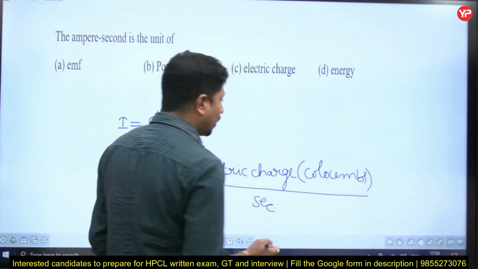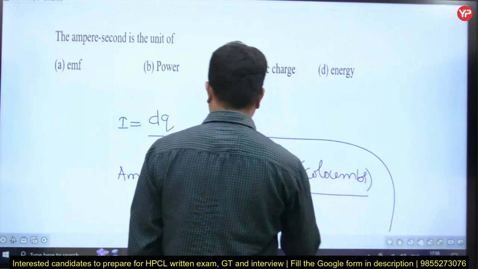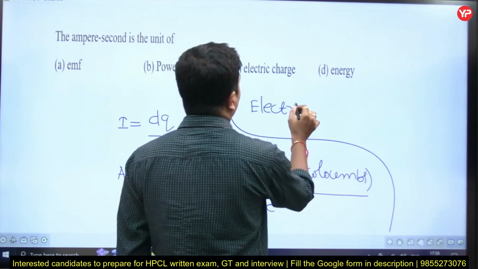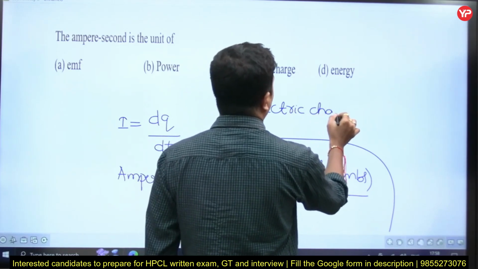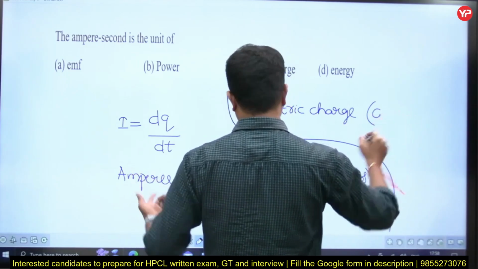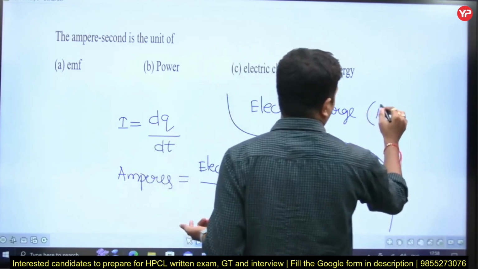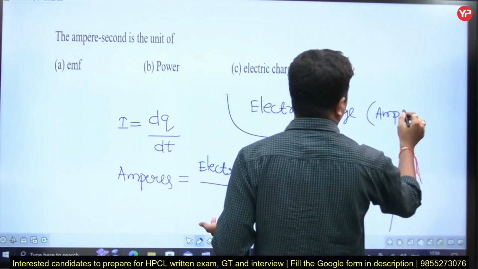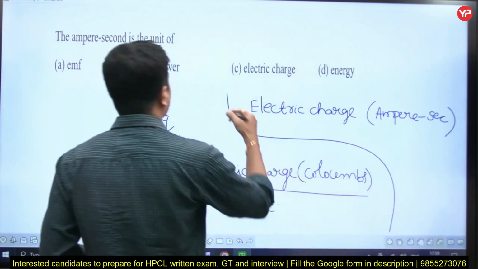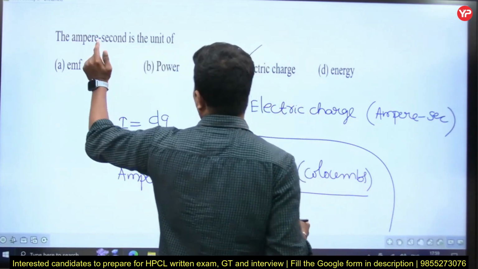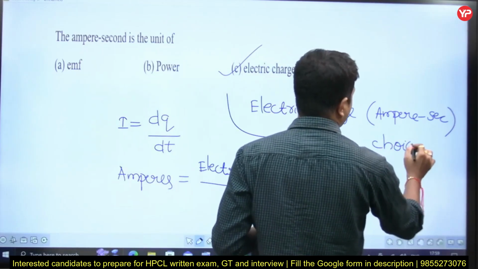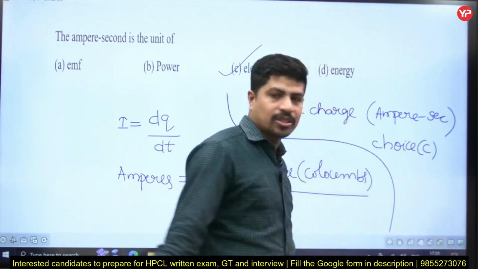Now observe here, the units of electric charge are amperes seconds. The option is electric charge. He has given ampere second. The choice is also C. So easy question.